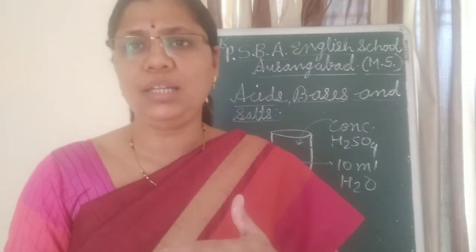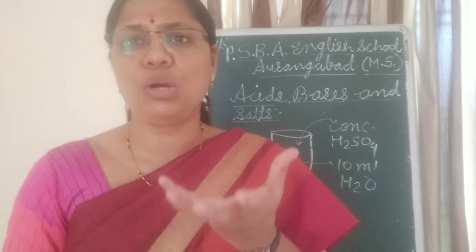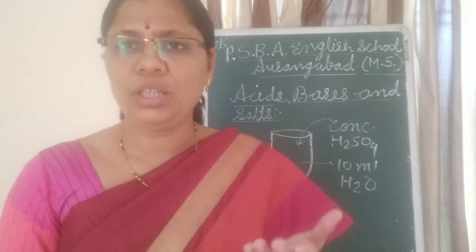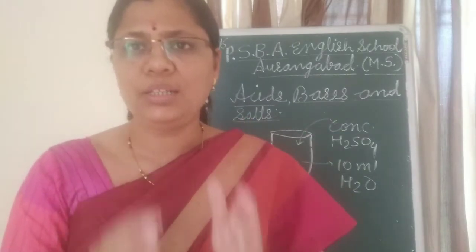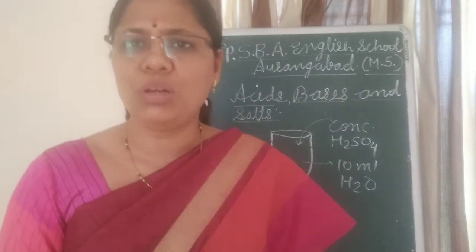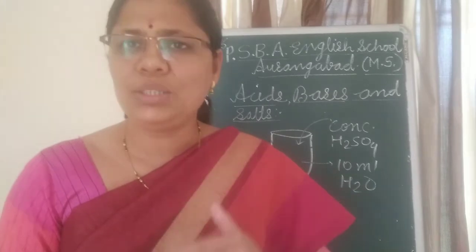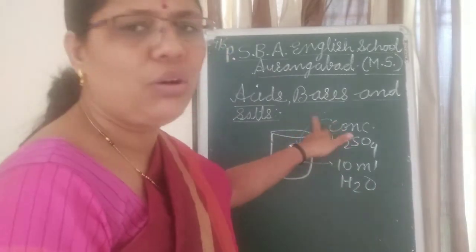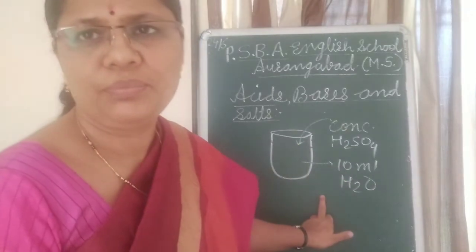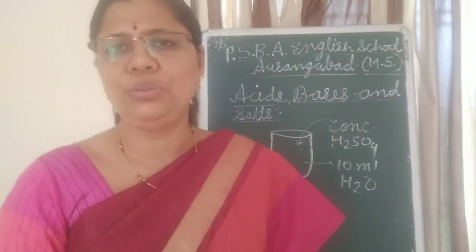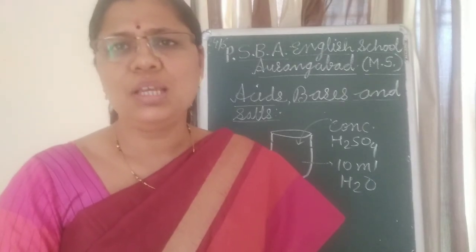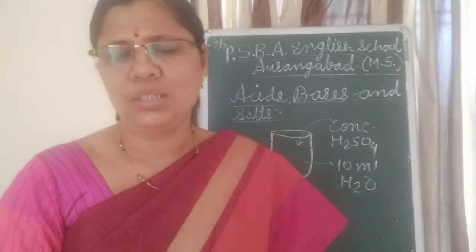As it is a highly exothermic process, it will splash out. The solution comes out and it may cause burns, or even the glass container may be broken, and that is why it is suggested that we always add acid or base to the water. So I think this point is also clear to you all. Maybe a 2 marks or 3 marks question is asked on this. It is a very important part, children.